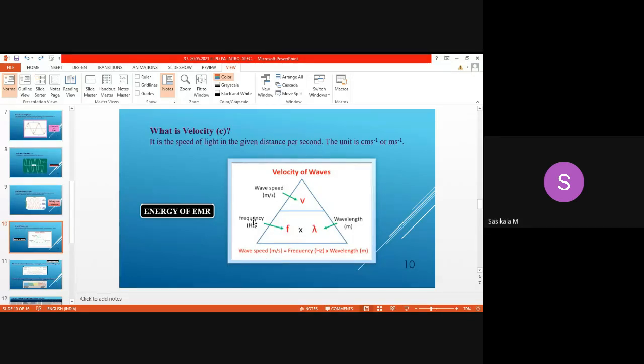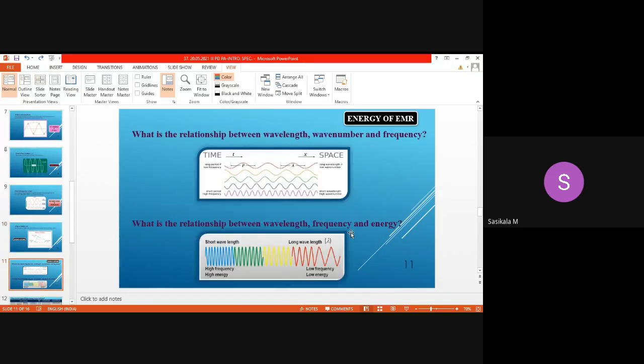Here F represents frequency, though you can denote it with nu also, and lambda denotes wavelength. So wave speed V equals nu into lambda, the product of frequency and wavelength. This is what is called velocity.